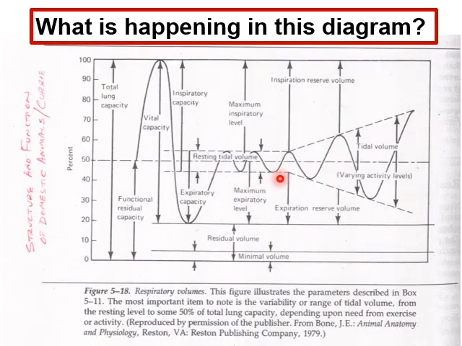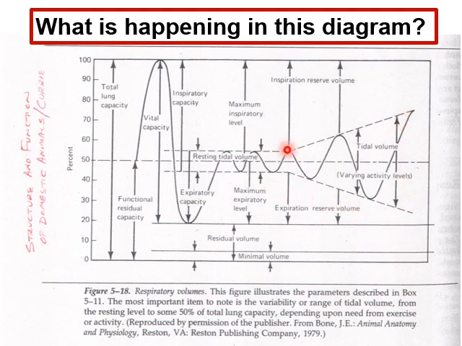Another diagram showing the same thing. The big difference here is we're starting to exert and we have the air moving in and out, expanding, and it's stealing from our inspiratory reserve. And this is the air moving in and out, stealing from our expiratory reserve.